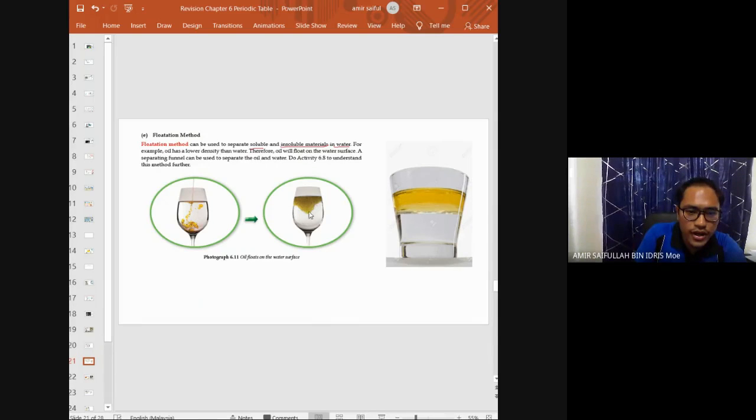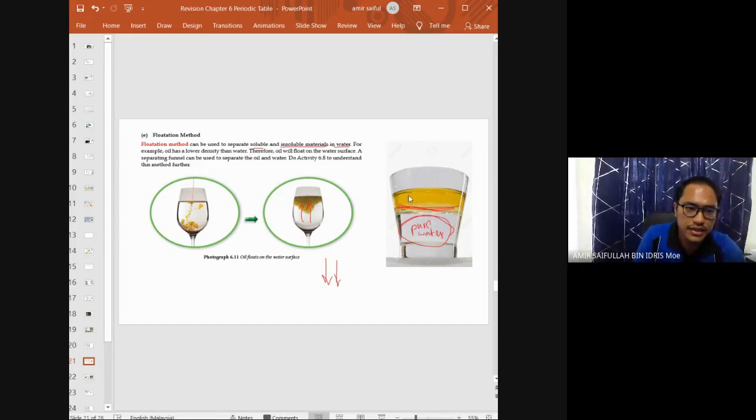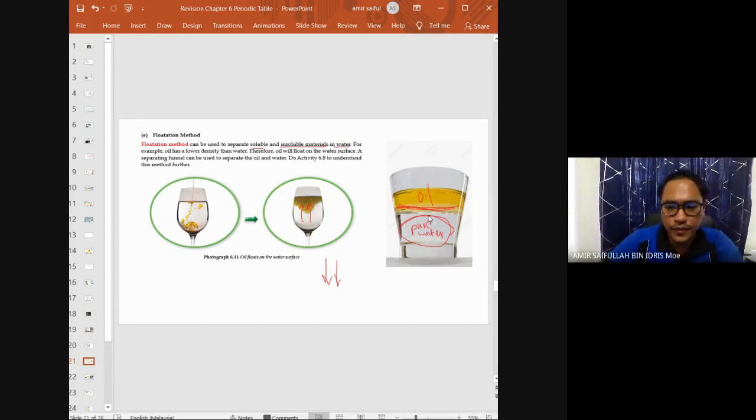Sediment goes down, but in flotation, the material that you don't want, like oil, will float up. Later you can separate them by pouring the oil out, and then you will get only the pure water. So this method is called the flotation method. It only works for oil and water.